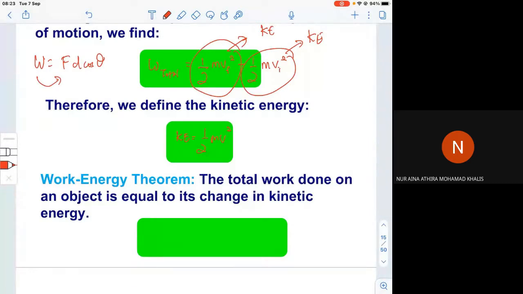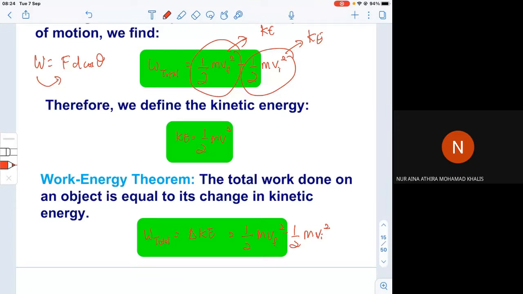So work is related to force. What happens when we don't have force but we have been given the speed? Yes, we can also find the total work, because the total work W total is equivalent to delta KE, which means the difference between kinetic energy final and kinetic energy initial: half mv final squared minus half mv initial squared.